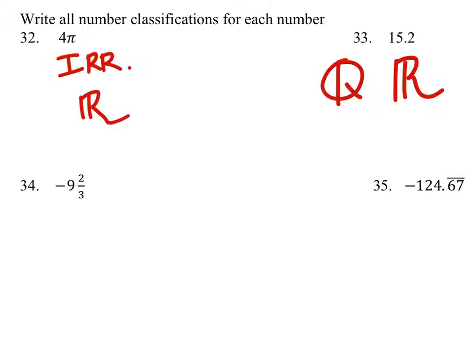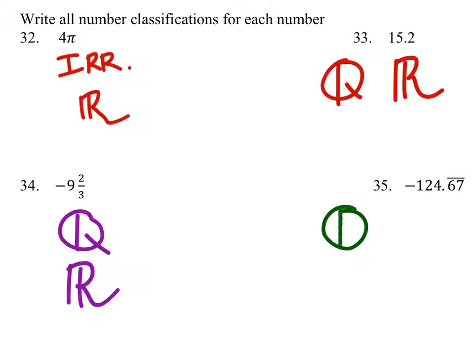Negative 9 2/3, this one's a mixed number. It does show the fraction. We could make it an improper fraction, but we don't need to. It is simply rational and also real. 35, this one is a repeating decimal, which makes it rational and real.